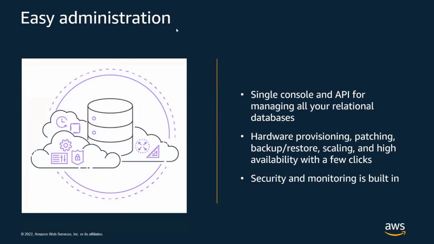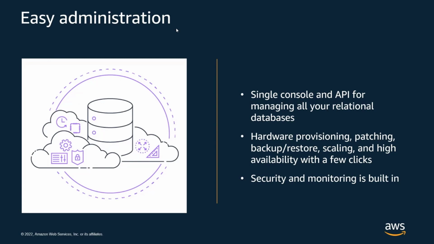Moving on to the ease of administration, RDS makes it easy to go from project conception to project deployment. Hardware provisioning, patching, backup restores, scaling, and high availability are all accessible within a few button clicks or API calls.